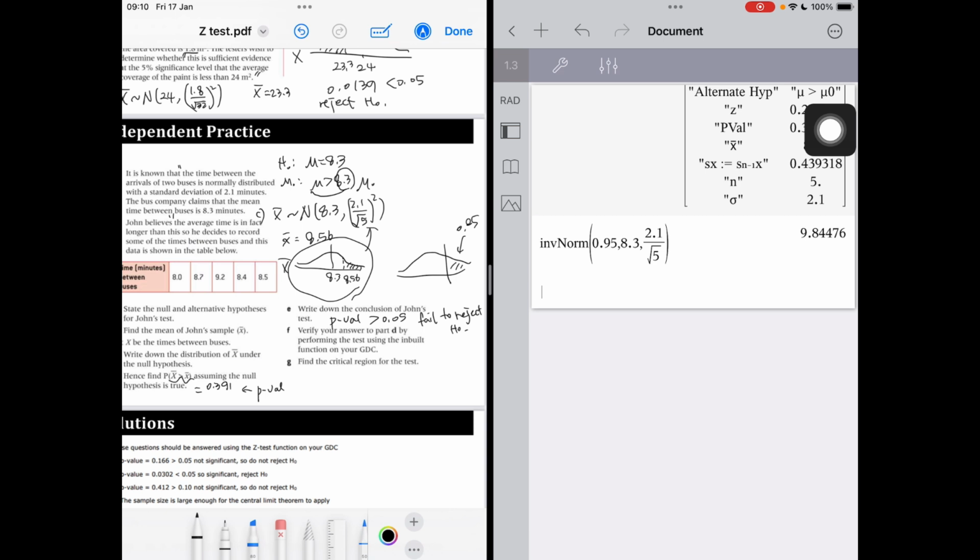So now we found the critical region: X bar is larger than 9.8448, let's say. Our result is 8.56, which is smaller than 9.84. So fail to reject H0.